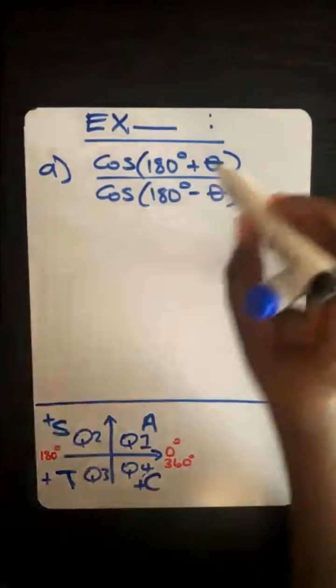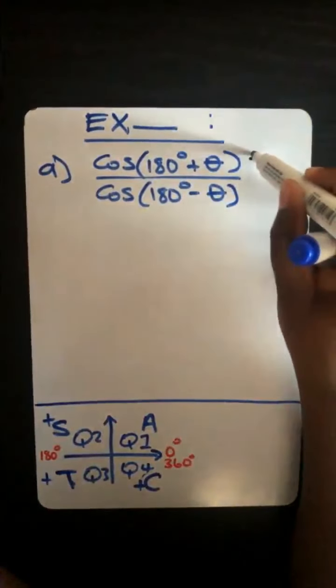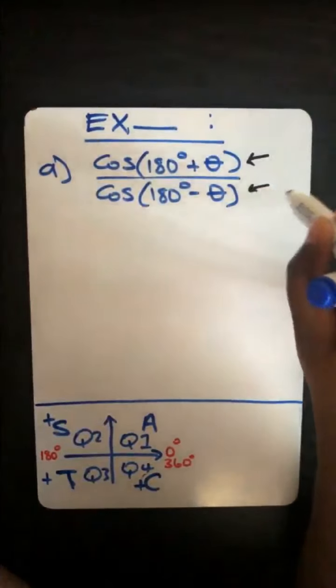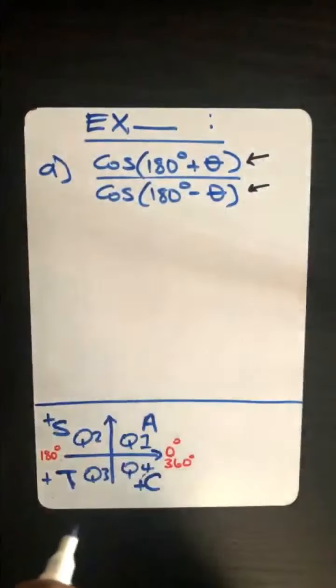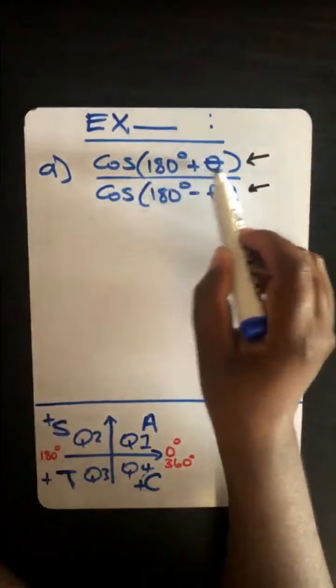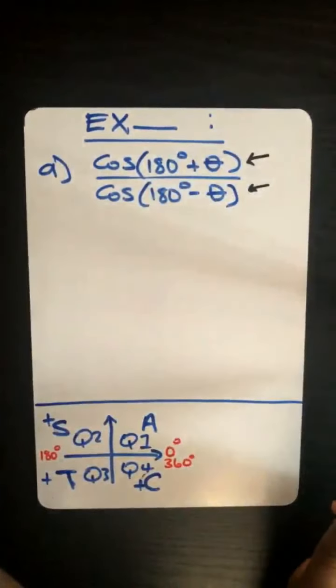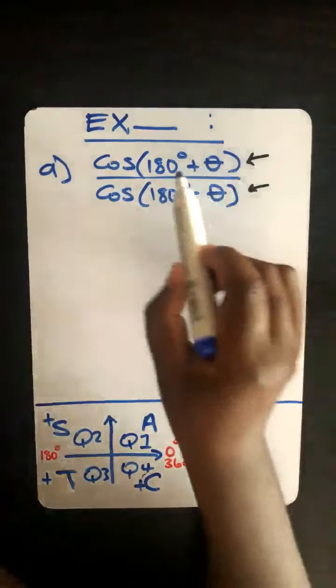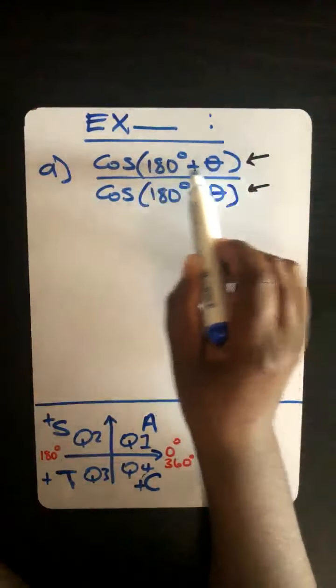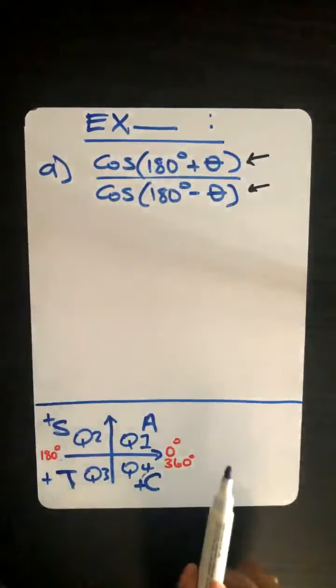Remember, guys, we are just individually working out that part, and then we work out that part. So let's see, what is cos of 180 degrees plus angle theta? Remember, very much important, ladies and gentlemen: firstly, we need to know under which quadrant that angle falls.